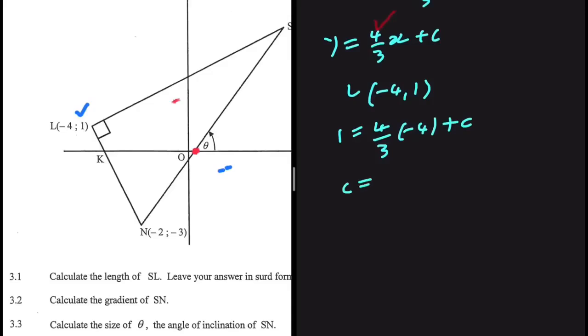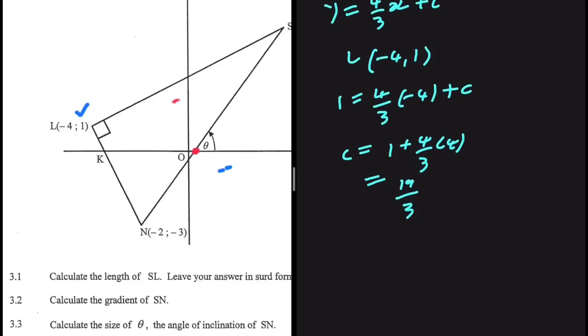So c is equal to 1 plus 4 divided by 3 multiplied by 4, which gives 19 divided by 3. Does it make sense? 4 multiplied by 4 is 16, plus 3 is 19, divided by 3. Okay, I think we're good to go.